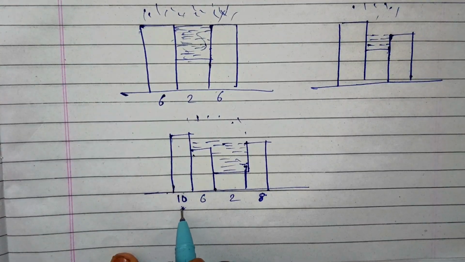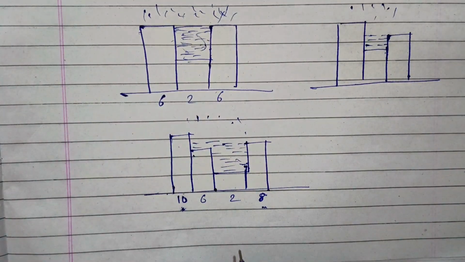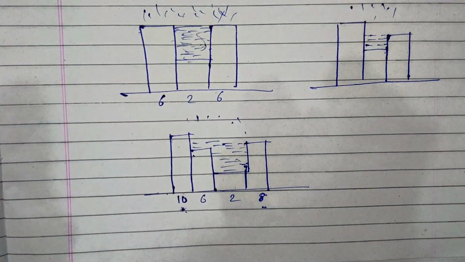This is the maximum right boundary and this is the maximum left boundary. So here we can see the maximum right boundary and maximum left boundary.